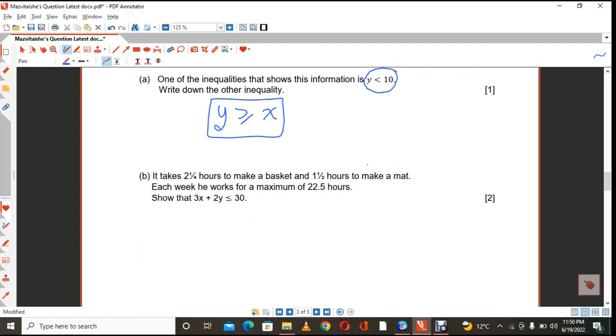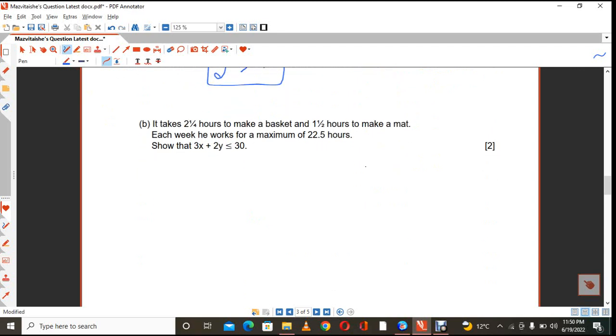Now we get to part B. It says that it takes 2¼ hours. So let me just write 2¼ hours. If I wanted to write it as a decimal, it will be 2.25 hours. What do I know?